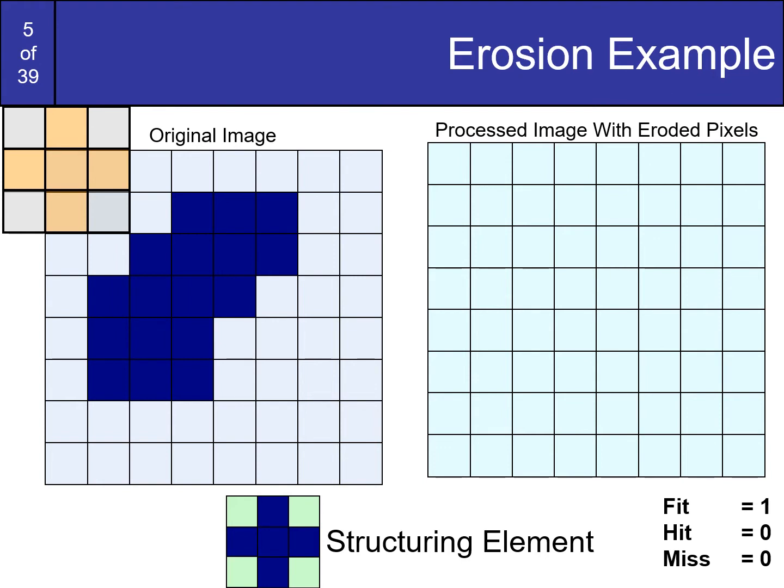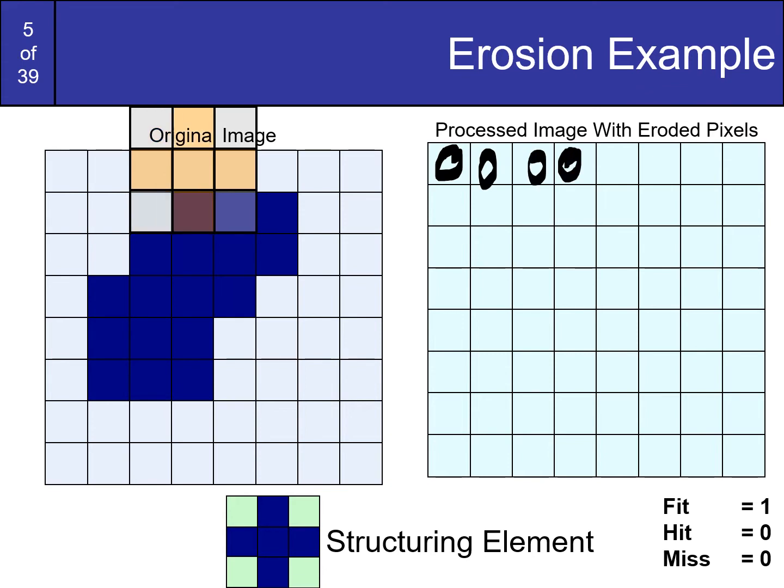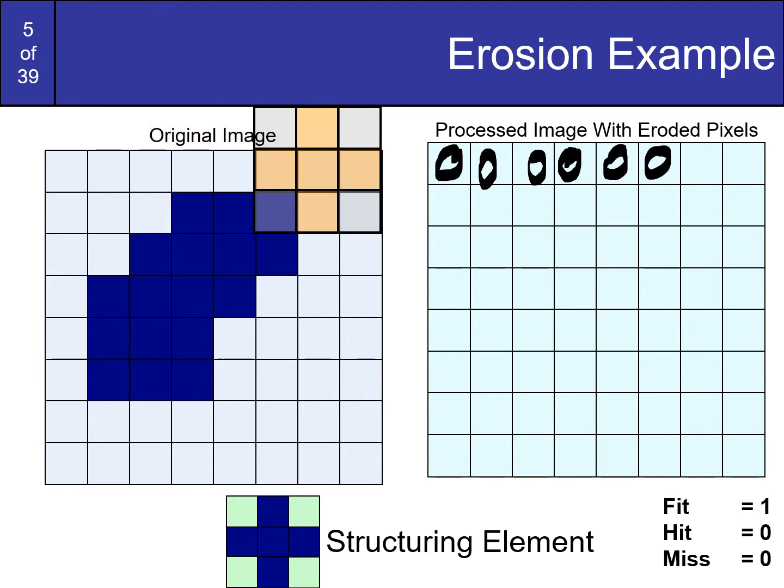We start by putting the center of the structuring element on the first top left corner pixel of the original image. Now we have a miss, so we put 0 here. Miss again, miss again, miss again. This time we have a hit, but still 0. Hit 0, hit 0, miss 0, miss 0.